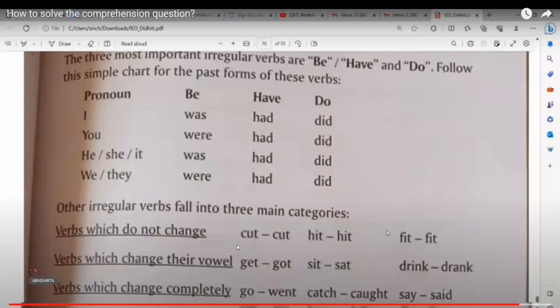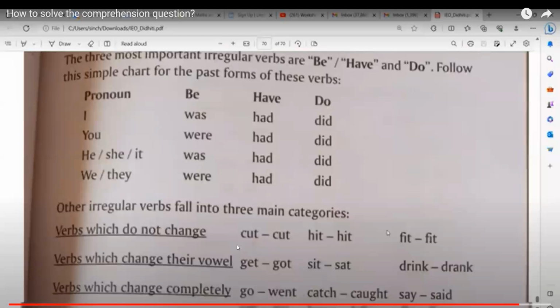Irregular verbs are those type of verbs that in making it past tense, it never comes d or ed.